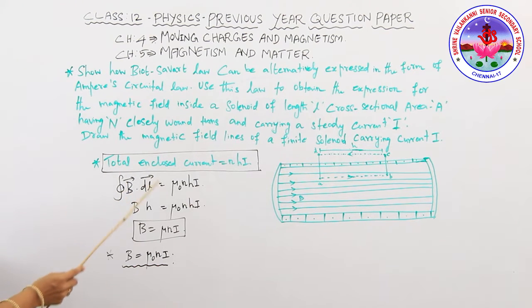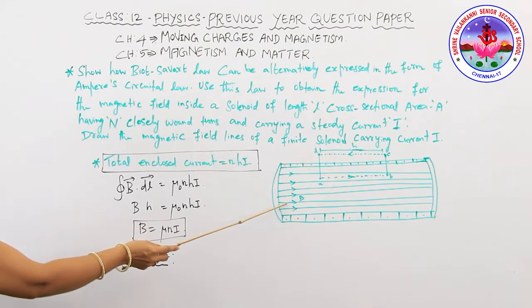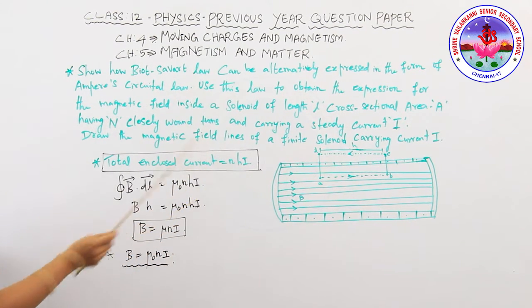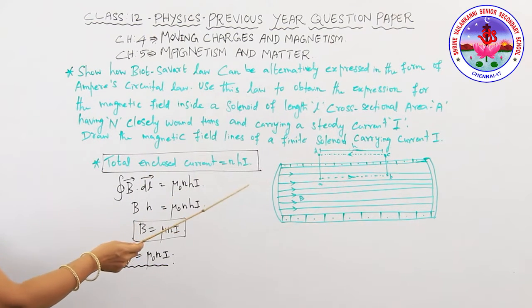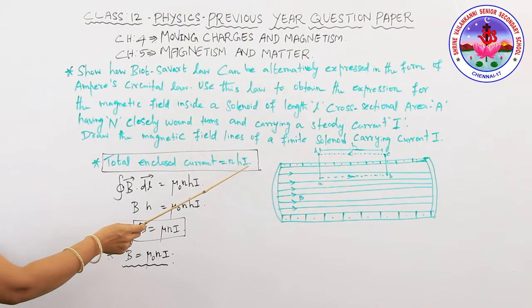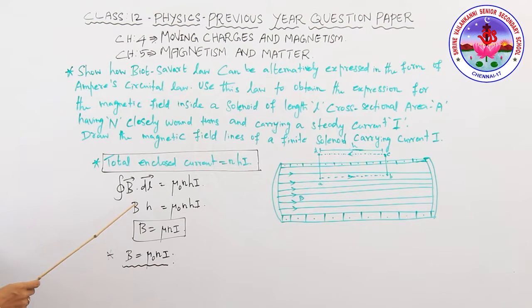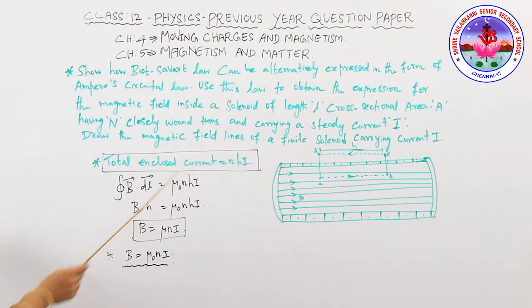So mu naught I, the current which is carrying through this magnetic field lines, we can say the current nhI, the total enclosed current through the magnetic field. As we know, the sum of the elements tends to the closed integral B dot dl, which is equal to mu naught nhI, right?